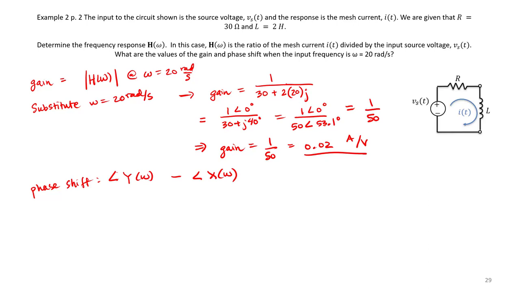So we subtract 0 degrees minus 53.1 degrees. Again, that just comes from rewriting our gain in polar form. We can see what our amplitude and our phase angles are. So we determine that our phase shift equals negative 53.1 degrees.